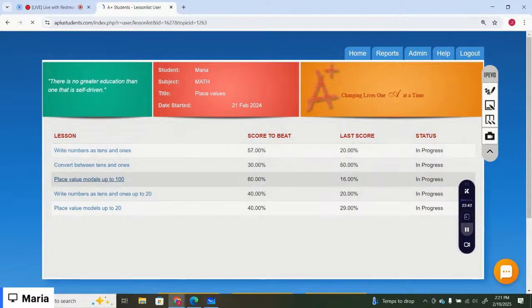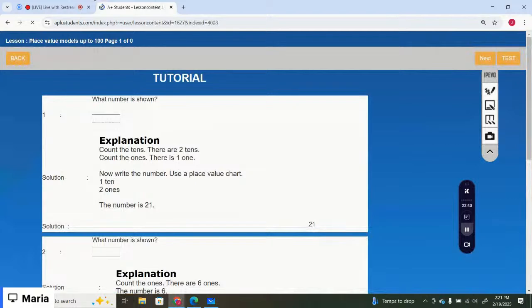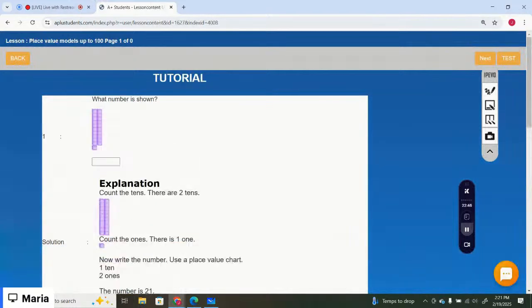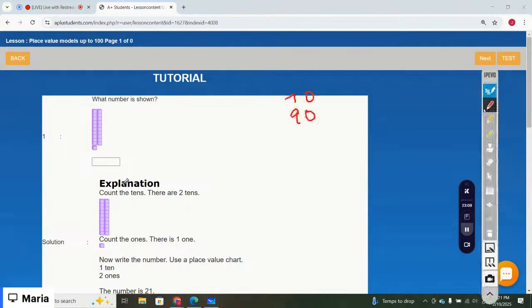The next lesson is place value models up to 10. What number is shown? You are given the model. You have to see what number is shown.